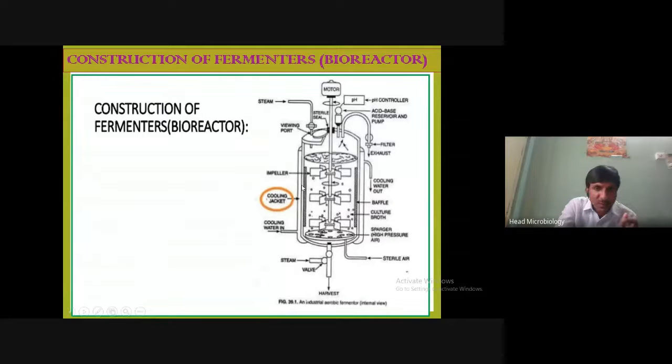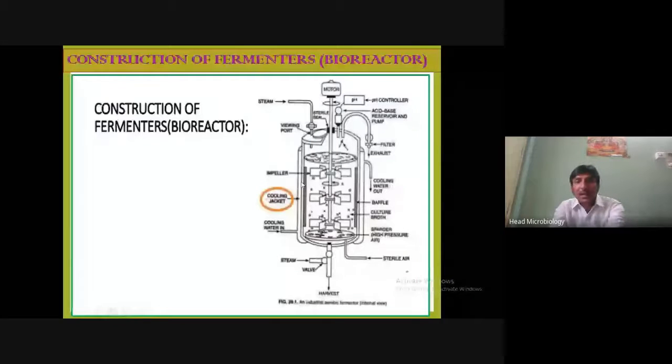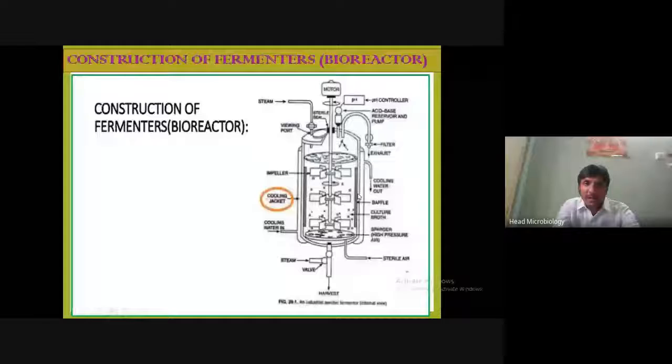But the fermenter needs cooling control and an aeration system. The aeration system is a very important, critical part of the fermentation process.